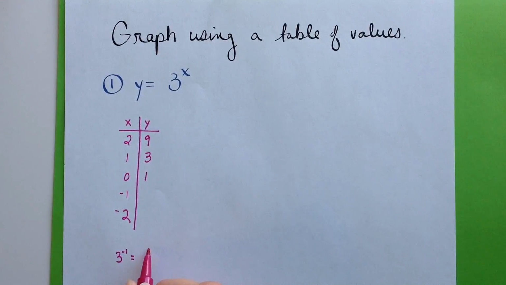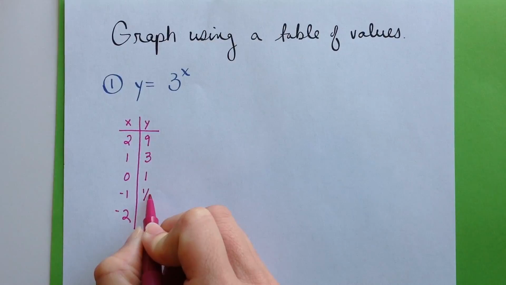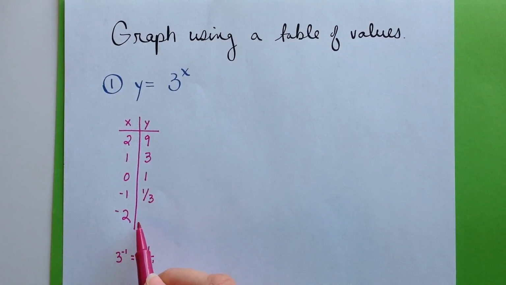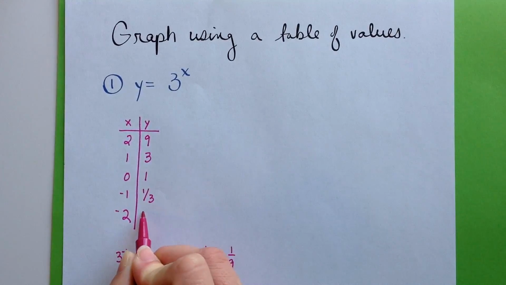If you want to rewrite it so that you have a positive exponent, remember you have to bring it to your denominator. So 3 to the negative 1 is just the same thing as 1/3. Then 3 to the negative 2, if you rewrite it and bring it to your denominator, of course that ends up giving you 1/9.